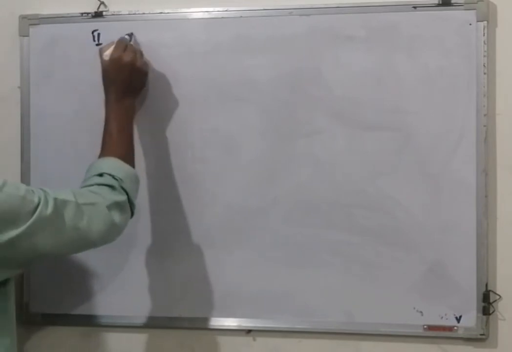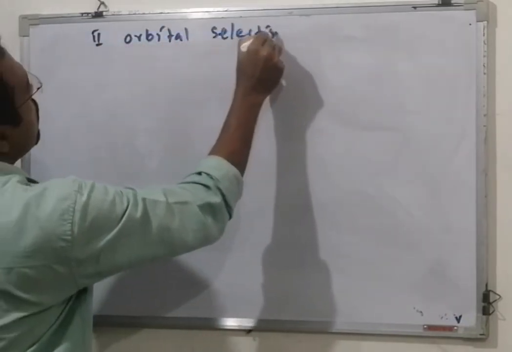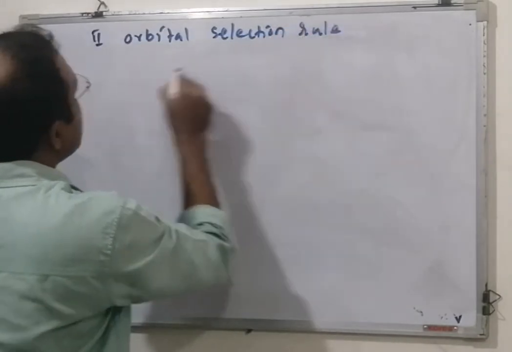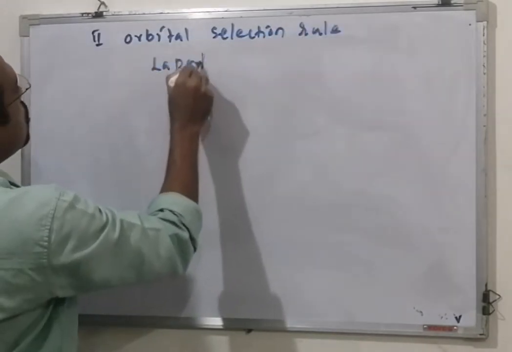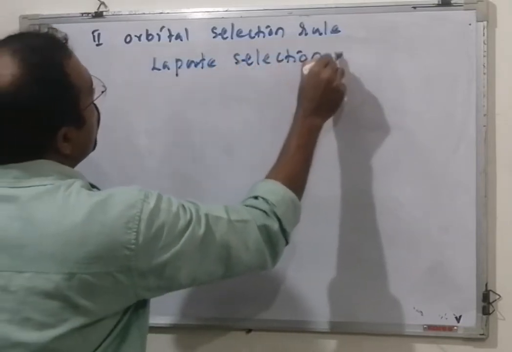Okay. Now, second is the orbital selection rule, called the Laporte selection rule. Very important.